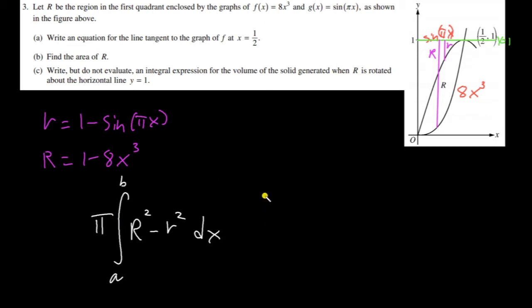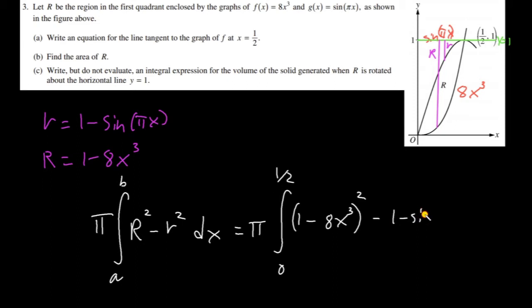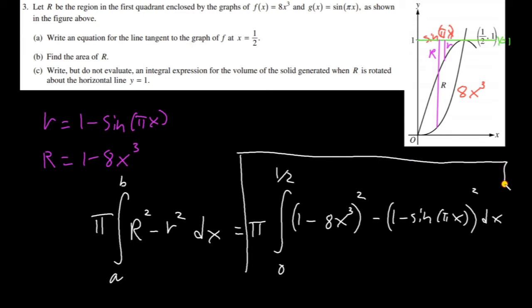So we have pi times the integral, going from 0 to 1/2, of 1 minus 8x cubed squared, minus 1 minus sine of pi x squared, dx. That's actually it, because they're asking us not to evaluate it, just to write the expression.